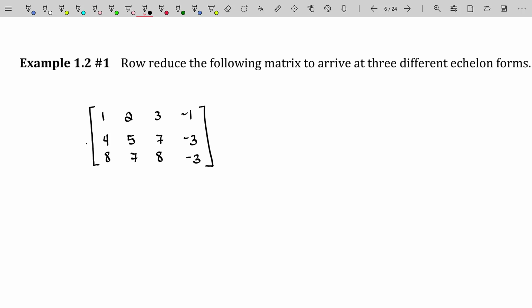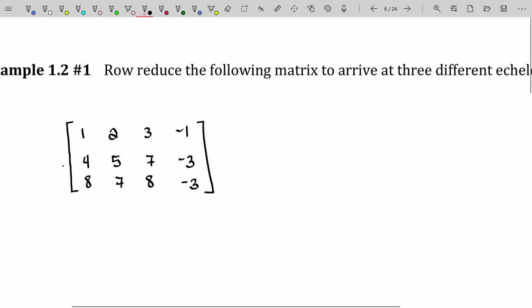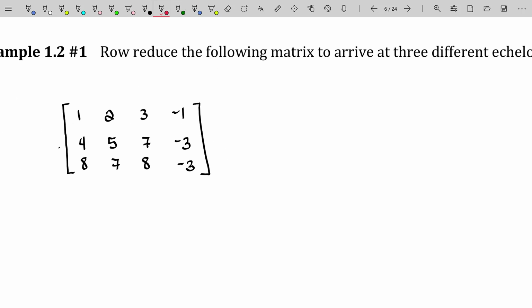To do this, I'm going to keep very close track of all my work, carefully writing things out. And the way I recommend doing this, and I have at the end of my lecture videos somewhere, I give you a suggested list of tactics on how to be very careful with what you're doing. But the main thing is, don't perform two completely different row operations at the same time.